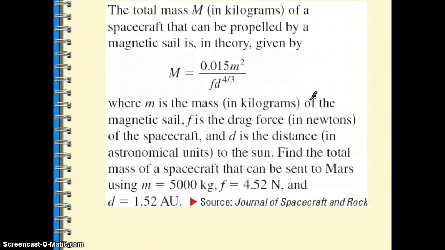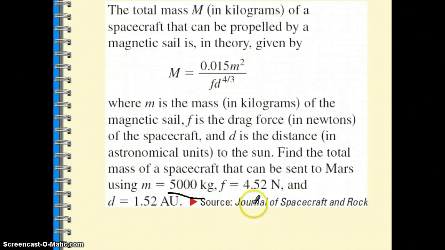Okay, so the total mass, big M, the capital M, in kilograms, of a spacecraft that can be propelled by a magnetic sail is, in theory, given by capital M equal to 0.015 little m squared divided by the quantity of F times d to the 4/3, where the lowercase m is the mass in kilograms of the magnetic sail, F is the drag force in newtons of the spacecraft, and d is the distance in astronomical units to the sun.